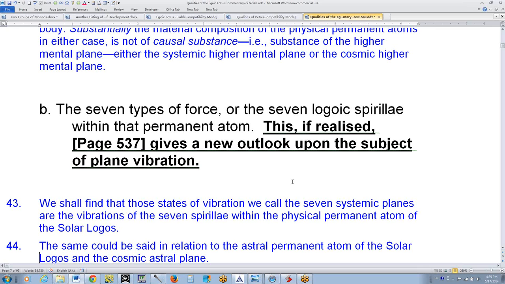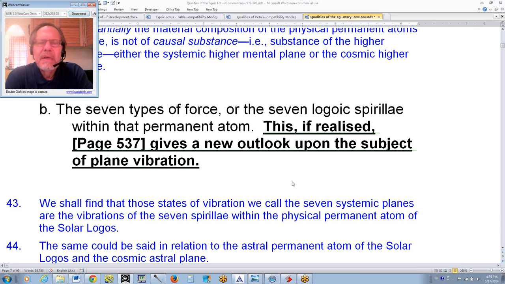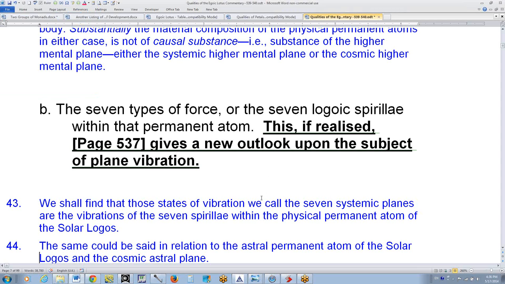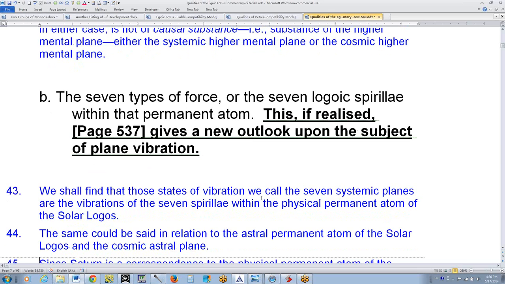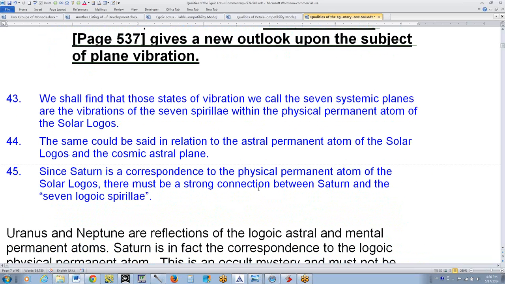At least from the solar logoic perspective, the seven types of force related to the physical permanent atom are the seven solar or systemic planes, and are the vibrations of the seven spirillae within the physical permanent atom of the solar logos. Now, it's on page 406.